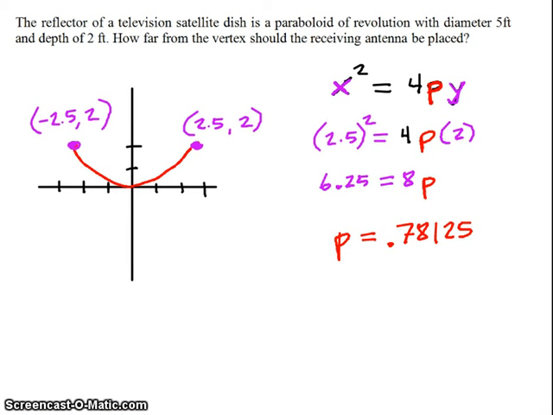Okay, so we plugged in a point and solved for p, and that gives us the distance from the vertex that we need to place the focus. So we're going to place that focus about right here, and that represents 0.78125 feet. All right, I will be seeing you in class. Bye.